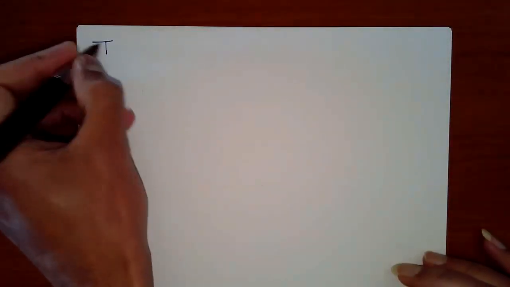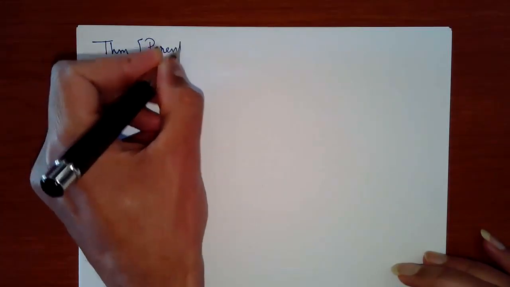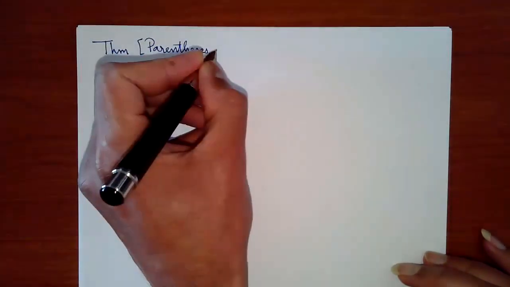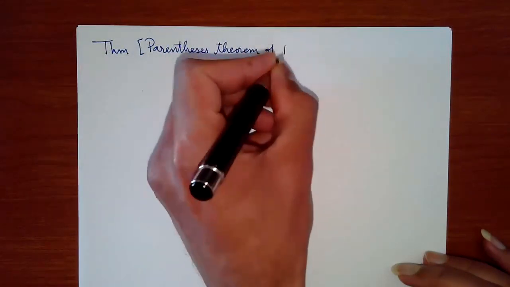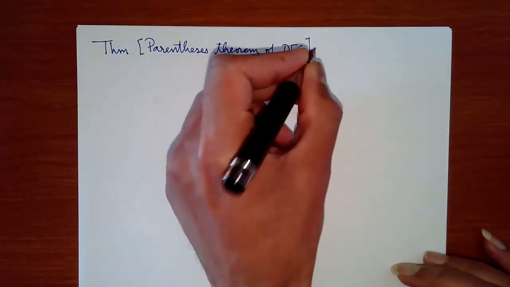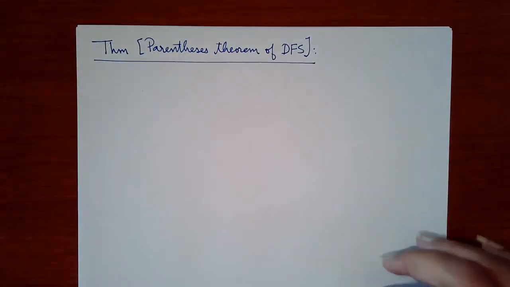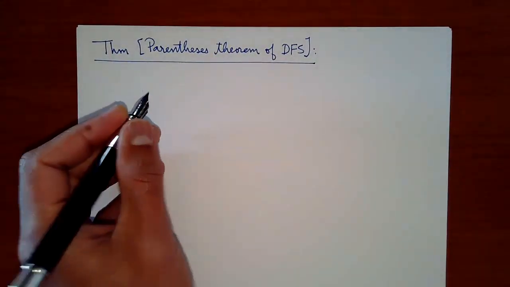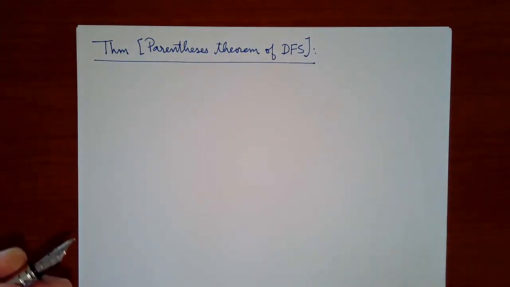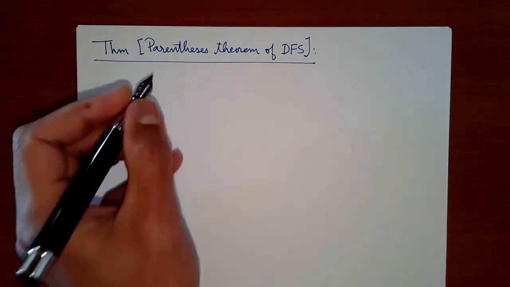Which is incredibly useful when understanding DFS. And this is called the parentheses theorem of DFS. The best way to show it is a picture, and then I will write it down.